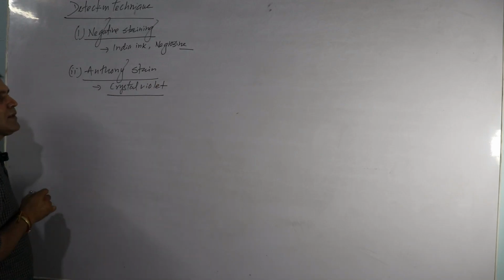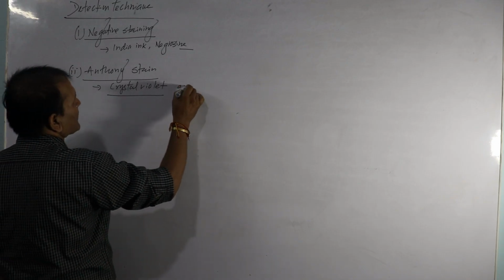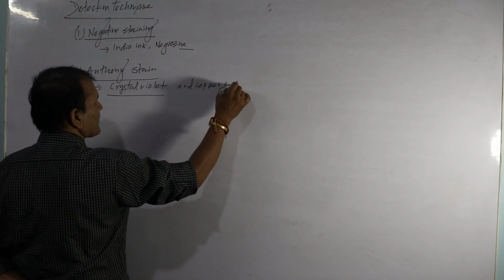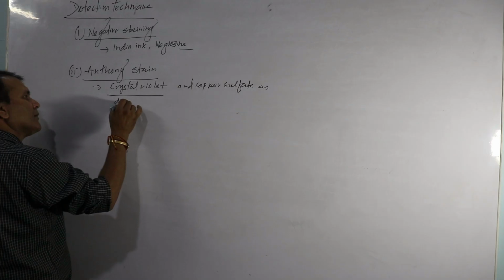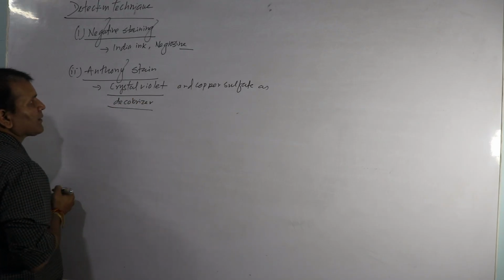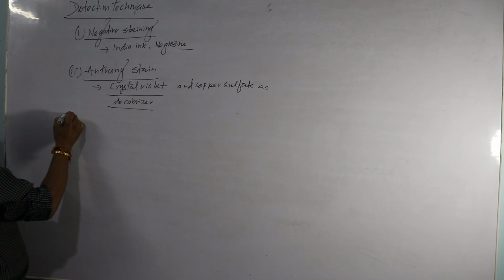It stains the cell a violet color, and copper sulfate as decolorizer. So the cell takes the color of crystal violet and the capsule is still a clear halo.